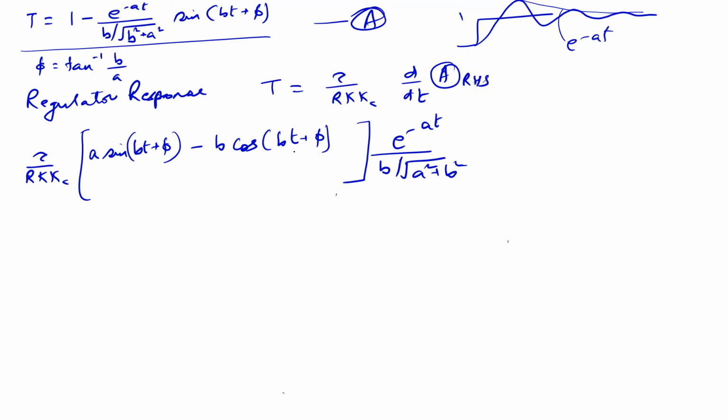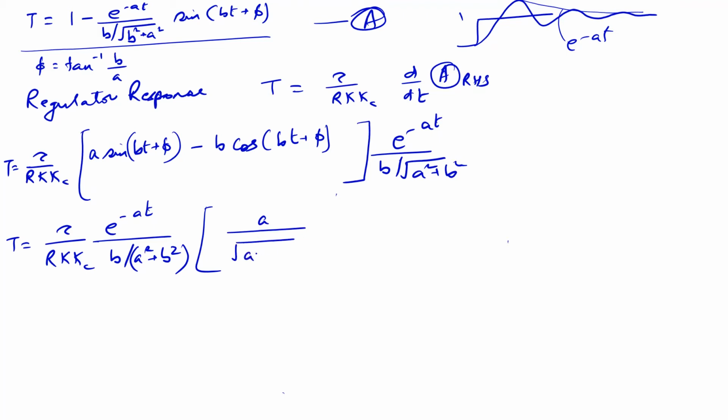And multiply and divide by square root of a square plus b square, and then what you get is, so T will be equal to tau by r k k c into e to the power minus at divided by b by a square plus b square, and then what you get is a by square root a square plus b square times sine bt plus phi, minus b upon square root a square plus b square into cosine bt plus phi.